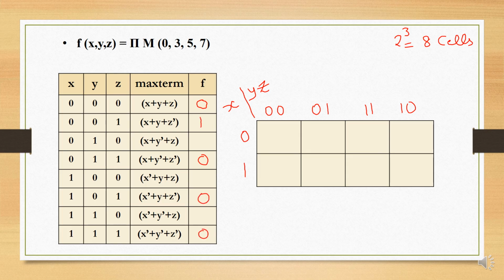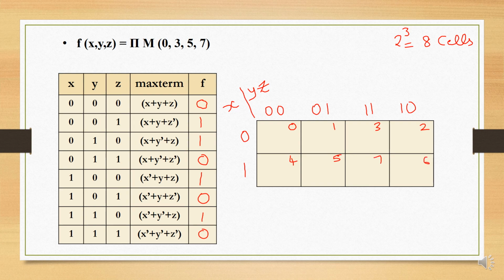For the remaining combinations, you need to place logic 1. The same thing has to be represented in the K-map for the cell numbers 0, 3, 5 and 7. We already know how to write the cell numbers of the K-map. So this is the 0th cell, 1, 2 and 3. This is 4, 5, 6 and 7.